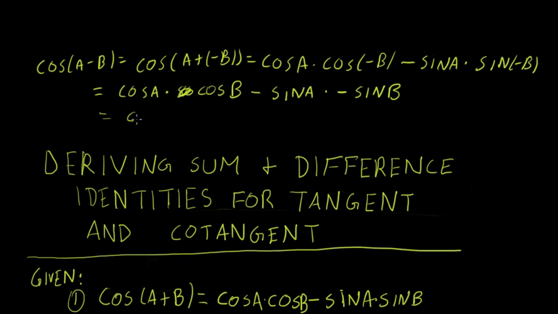This is just the cosine of A times the cosine of B plus the sine of A times the sine of B. So that's cosine of the difference. It looks just like cosine of a sum, except instead of the minus sign between the cosine A, cosine B, and the sine A, sine B terms, you have a plus sign. So this is cosine of a difference.